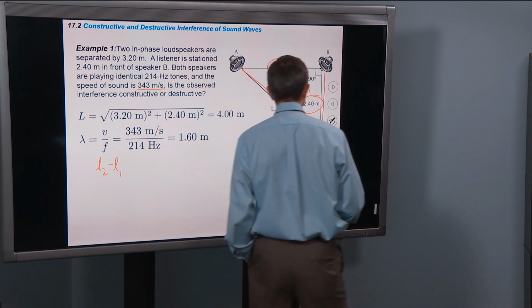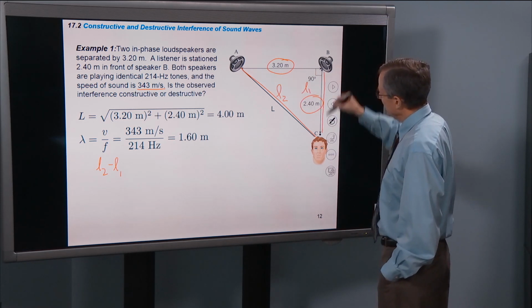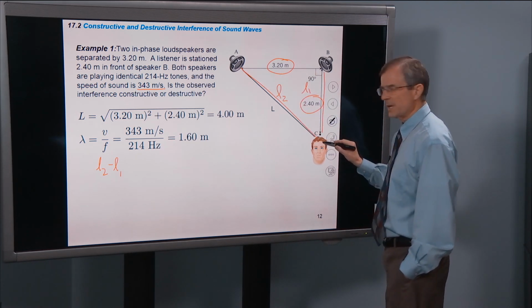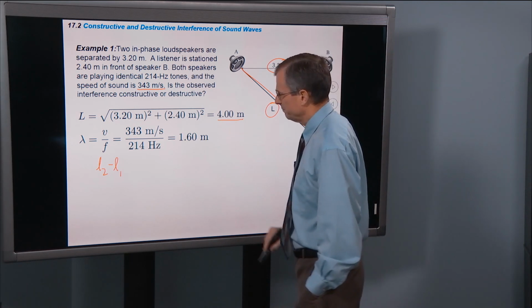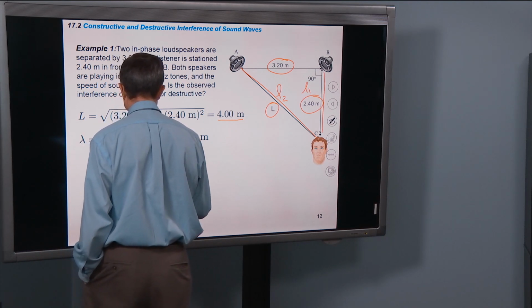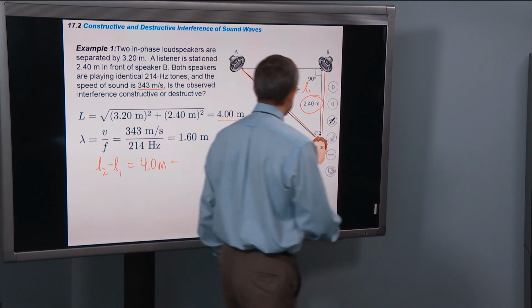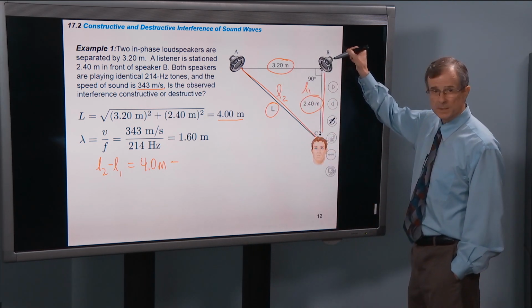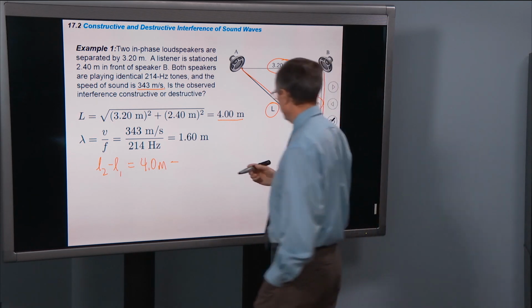Well, L2 we can get from the Pythagorean theorem. We've got this side, and L2 is just the hypotenuse, which I've called L on this. And we've worked out the geometry, no big deal. It's 4 meters. What's L1? It's the distance between this speaker B and the listener, which we're told is 2.4 meters.